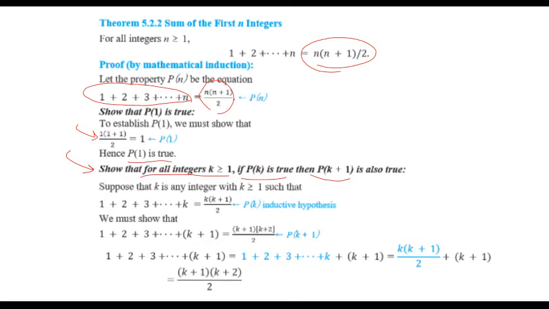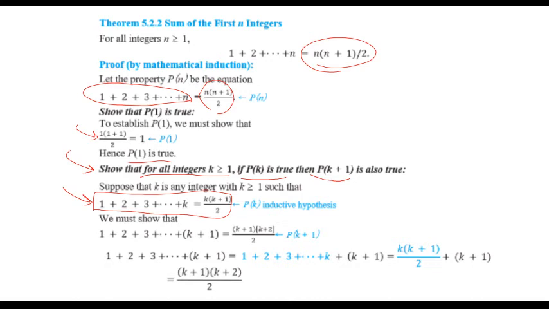So the inductive hypothesis is P of k is true. P of k is an equation like this: 1 plus 2 plus 3 plus all the way to k is equal to k times k plus 1 over 2.